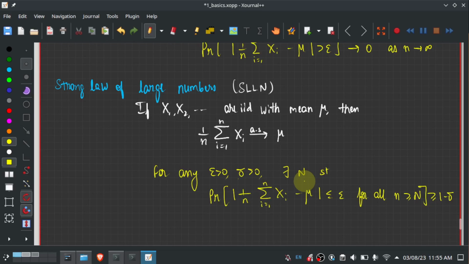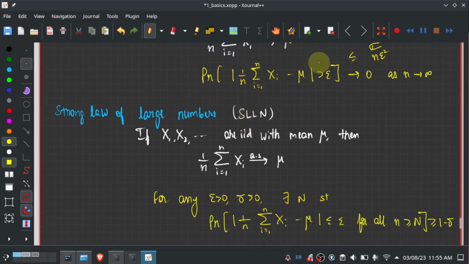Which is much stronger than the previous statement. In that case, I just want this quantity to tend to 0. In this case, I want this quantity to be small, not just for individual values of n, but beyond a certain point, I want all of them to be less than epsilon. And in fact, this happens for IID random variables.